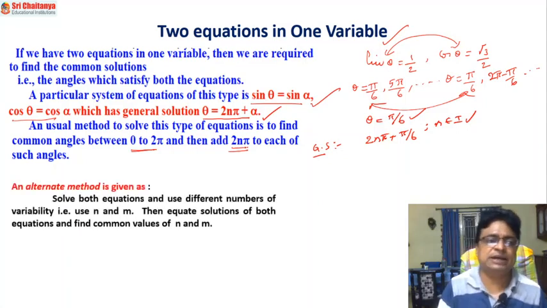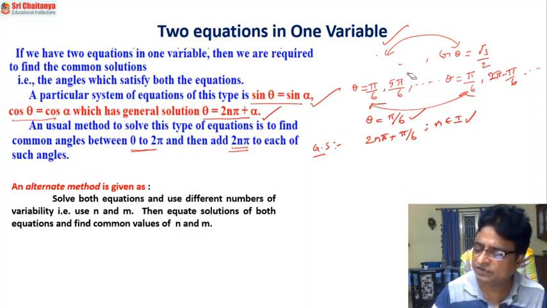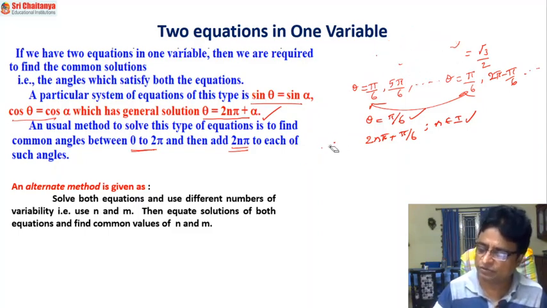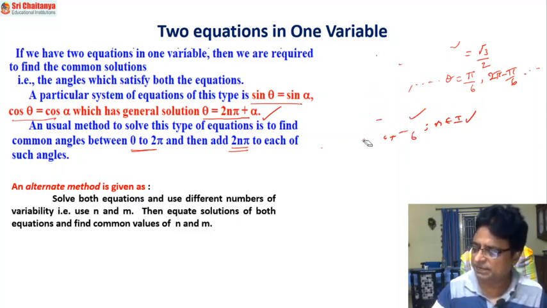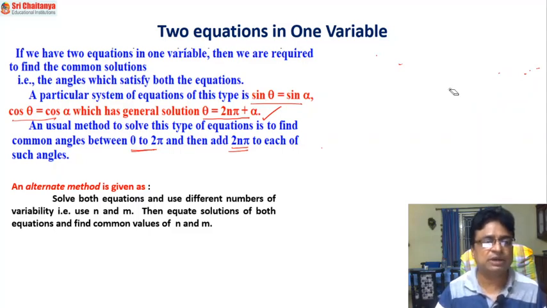And my friends, here I am giving you an alternative method also. Do one thing. First, let us solve sin theta is equal to something constant independently, and cos theta is equal to something constant independently, in terms of n and m, because don't use the same n while solving both equations.